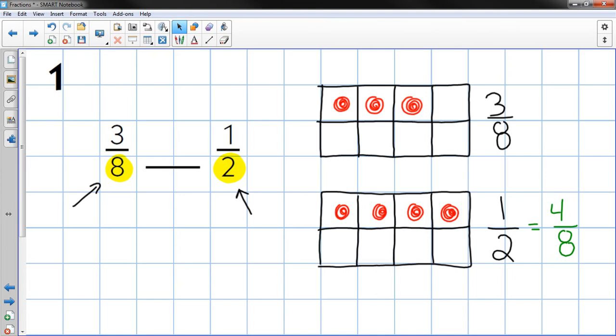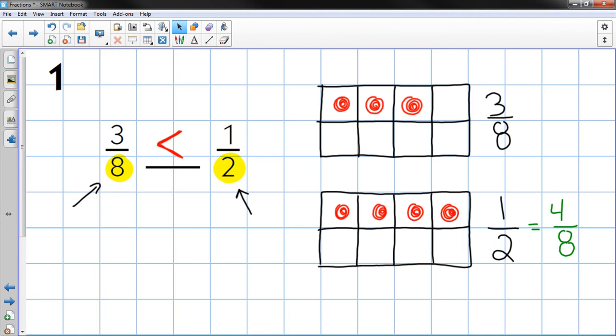And now it's just a matter of which rectangle has more in it, more eggs or more circles or more shaded in. Well, 1/2 does. It actually has 1/8 more than the 3/8. So it's larger. So I'm going to use this symbol here. So 3/8 is less than 1/2.